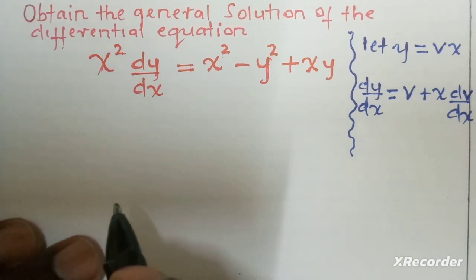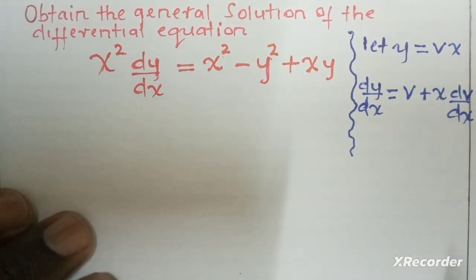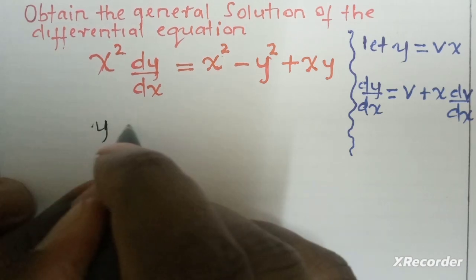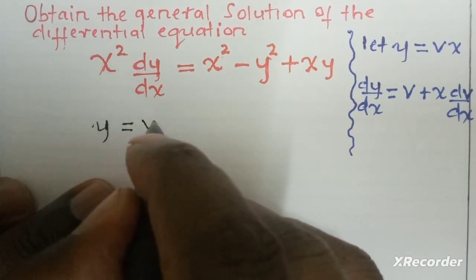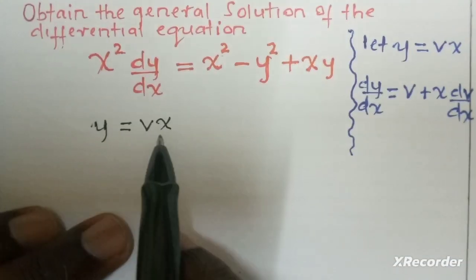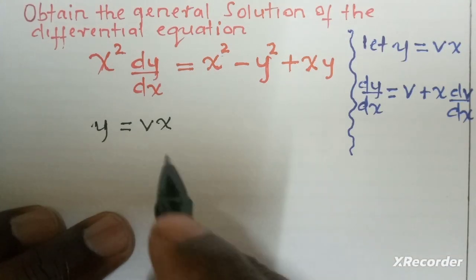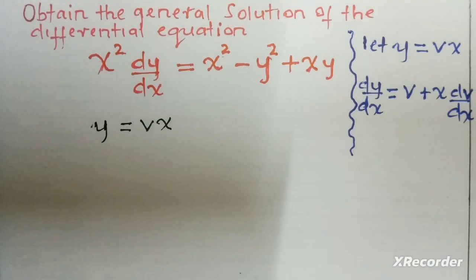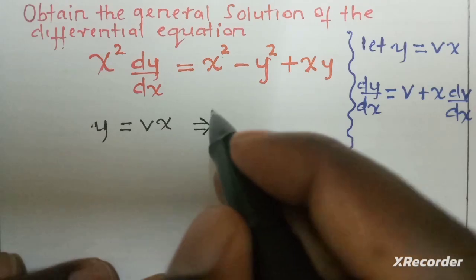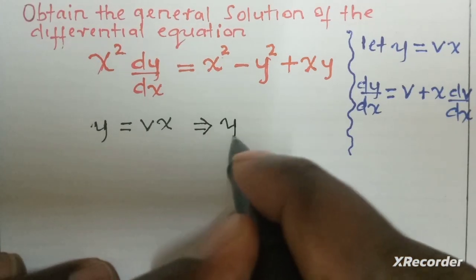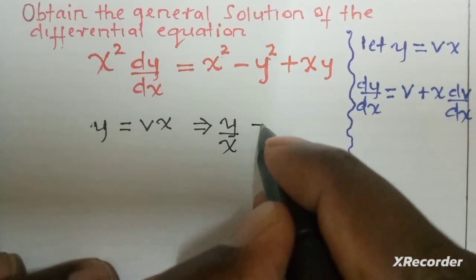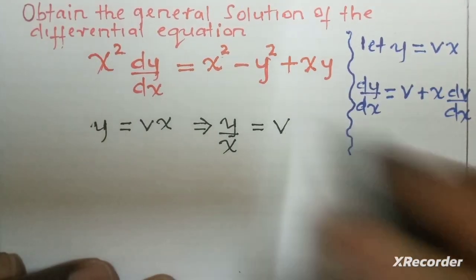So we shall come and say, now what we have here is that y is equal to vx. So we can say that y over x is equal to v, like that.